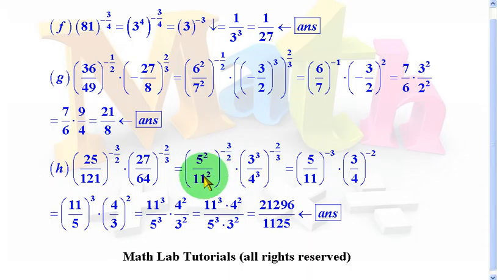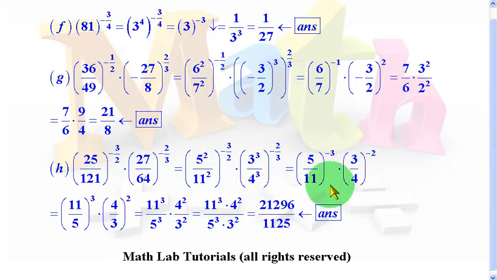Again, these 2's over here cancel out the masters, so the master dies. And these 3's over here cancel out the master, and the master dies again. So over here we're left with a 5 over 11, and the rider, which is -3, survives. Over here we're left with a 3 over 4, and the rider, which is -2, survives. Okay, so the master is gone.